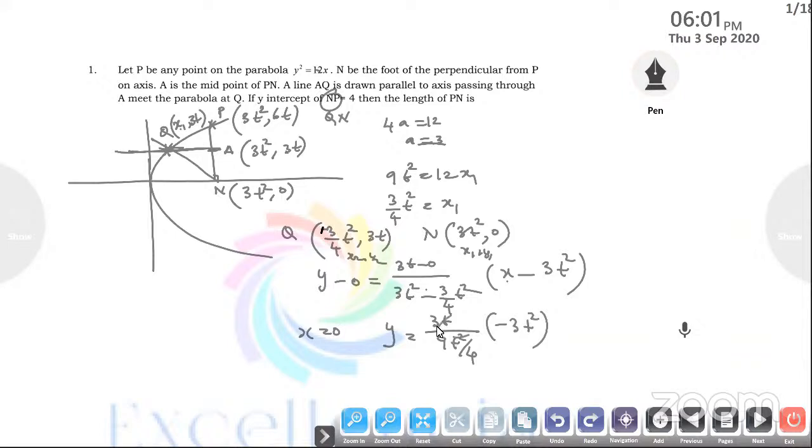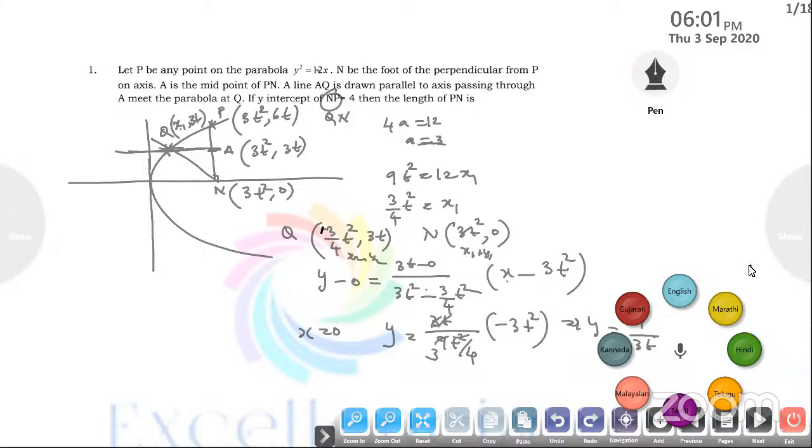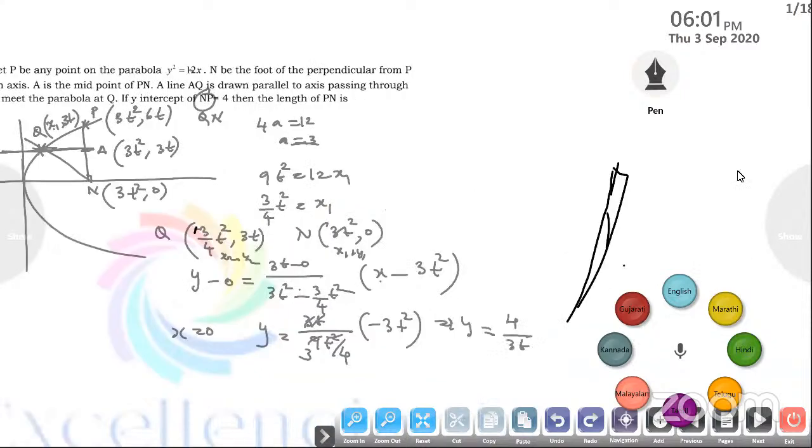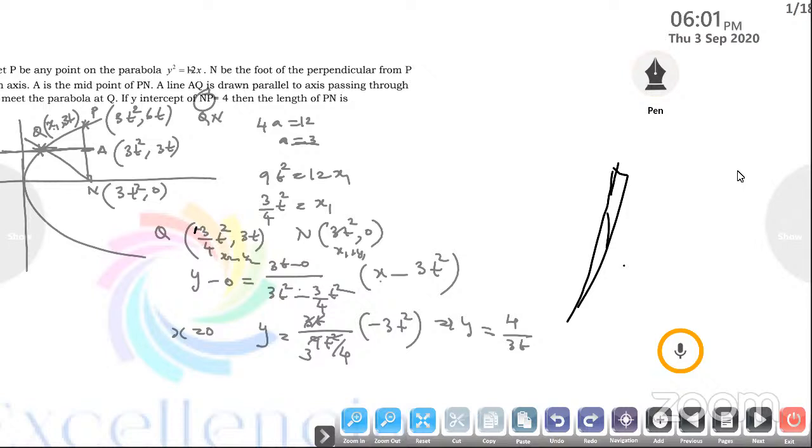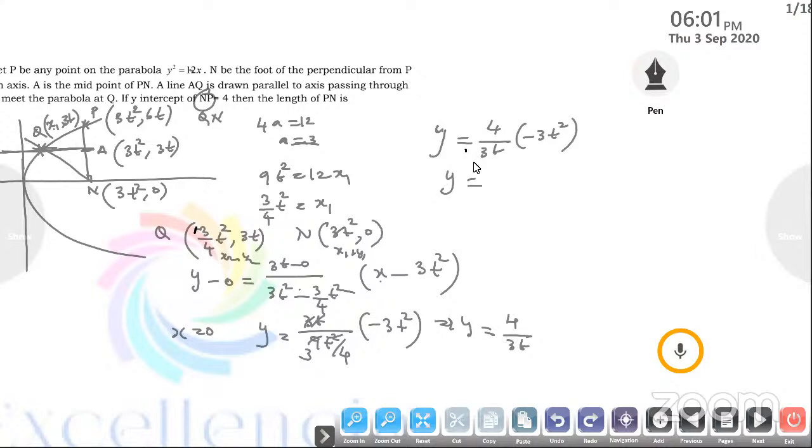So simplifying this, we get y is equal to 4 by 3t into minus 3t squared, so this will get cancelled.